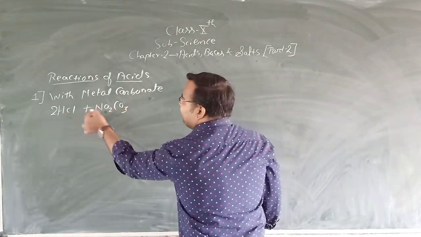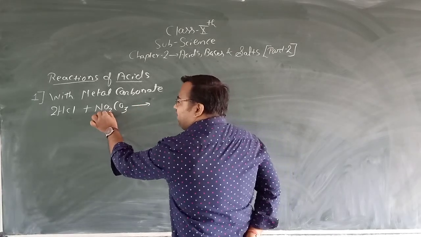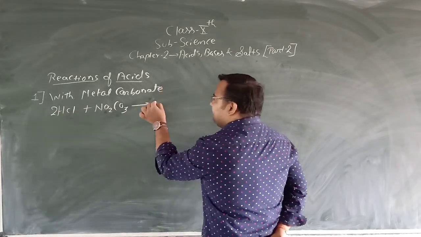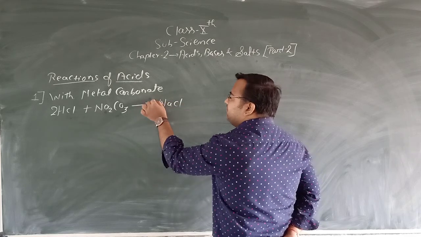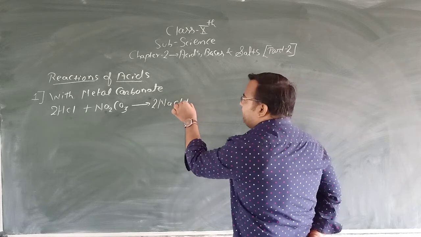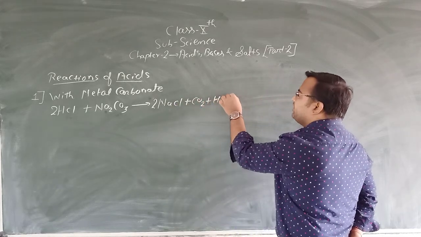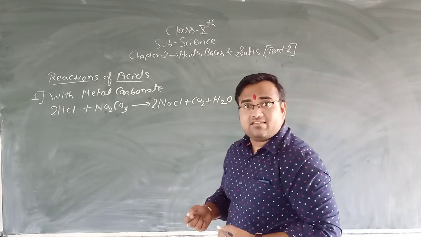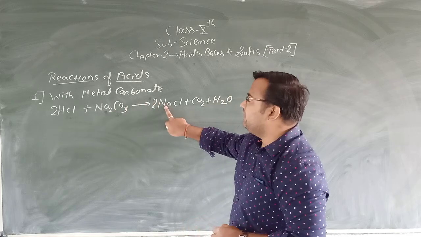So how does HCl react with metal carbonate? See, two Na and 2H, that we can write as 2NaCl plus carbon dioxide plus water. Now we'll see whether the reaction is balanced or not. 2Na, 2Na.